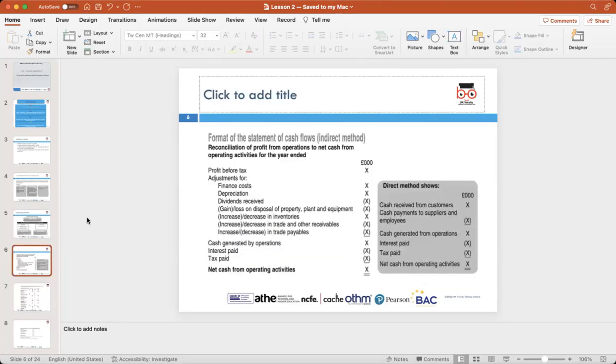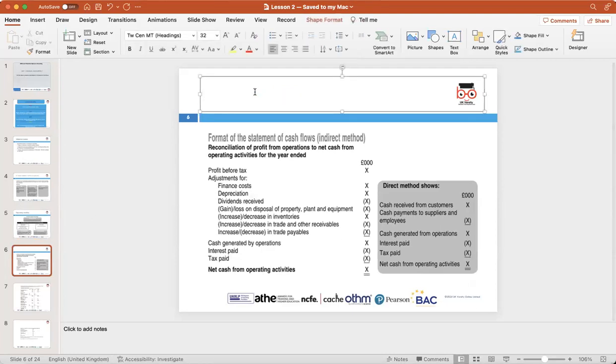Now, the format of the cash flow statement. So here we can add: format, cash flow statement.